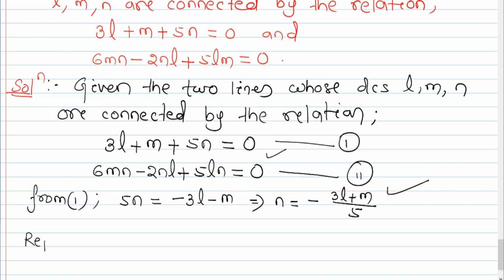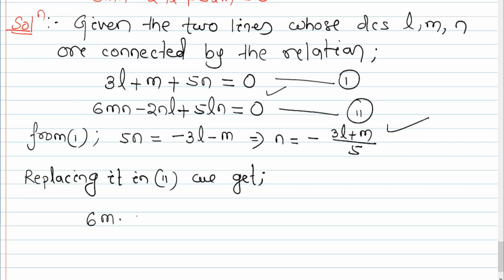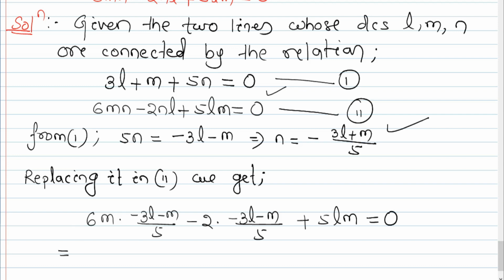Okay, replacing it into equation 2, we get 6m into minus 3l minus m by 5, minus 2 into n, where n is minus 3l minus m by 5, plus 5lm is equal to 0.